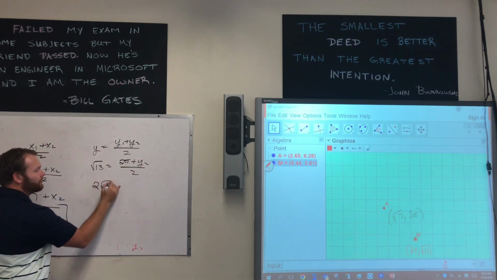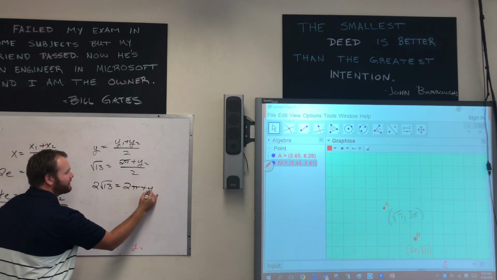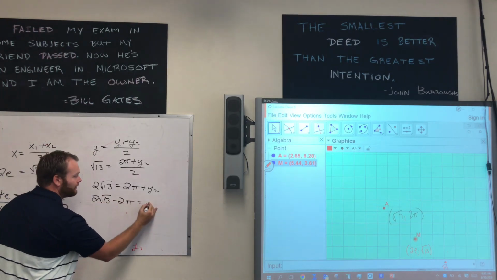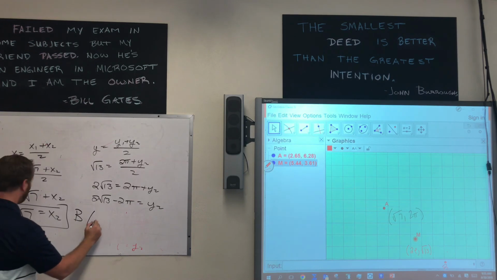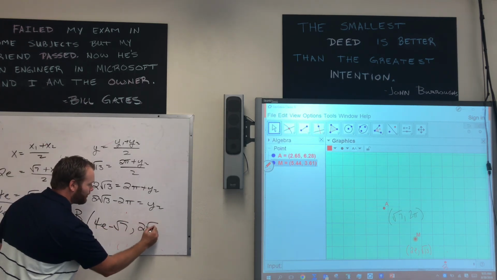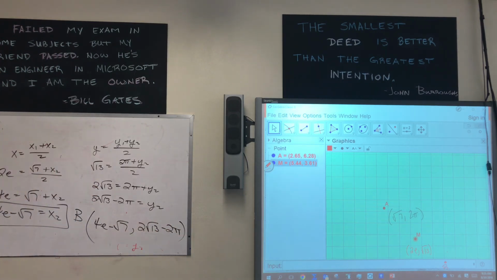So now 2 root 13 is equal to 2 pi plus y2. So 2 root 13 minus 2 pi is equal to y2. So B's ordered pair is going to be 4e minus root 7, comma, 2 root 13 minus 2 pi. Not a really cute, fancy number that works real nice for us, but it's exact and it's accurate.